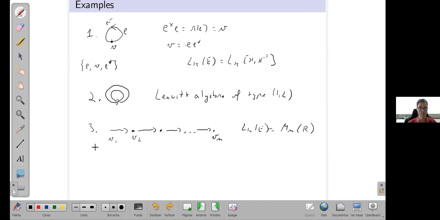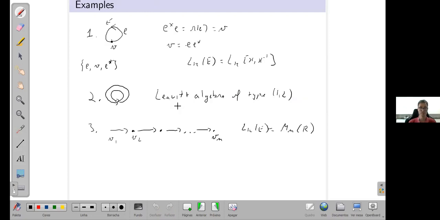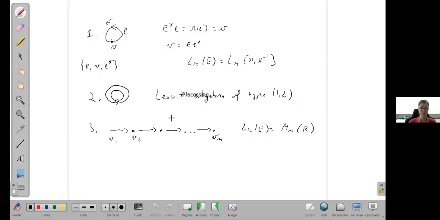Okay, so if you want to go now to the C star algebra world, if you are in analysis, you can take the graph and associate with it a C star algebra, which is called the graph C star algebra. And the definition is basically the same. It's a universal C star algebra generated by vertices and edges, and since you're in a C star algebra, you already have the star, and it satisfies the conditions that we had here for the Leavitt path algebra.